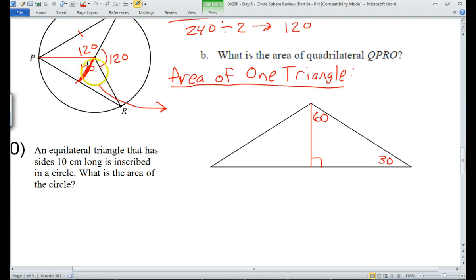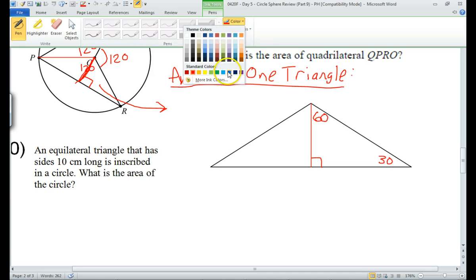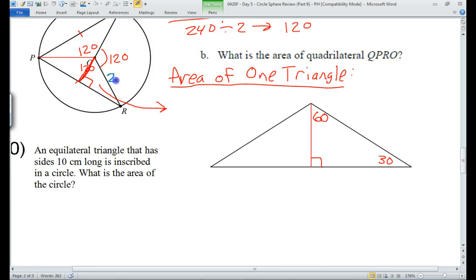That's this, and so here's our 90-degree angle right here. So this radius, which was 20, is the hypotenuse of the triangle. Okay, the hypotenuse of this triangle is the radius. I'm just making it bigger, that's all. So the radius is 20.